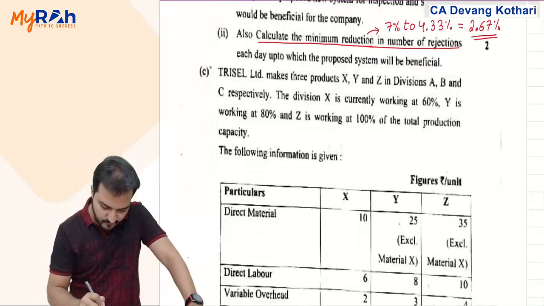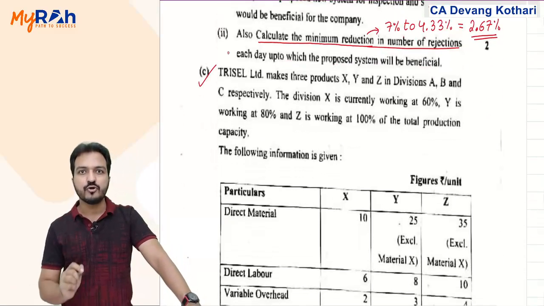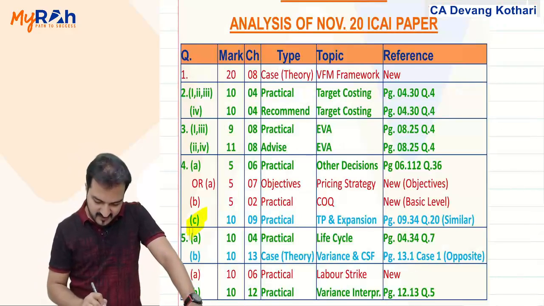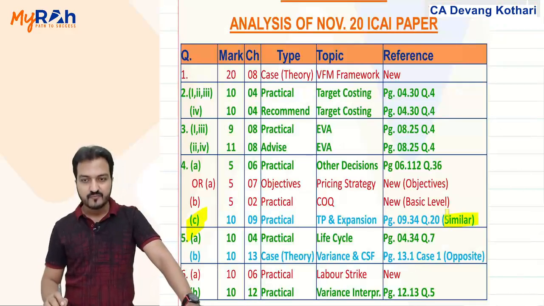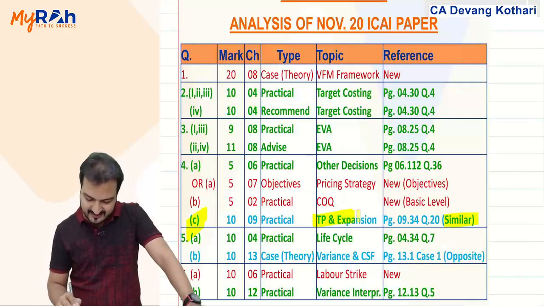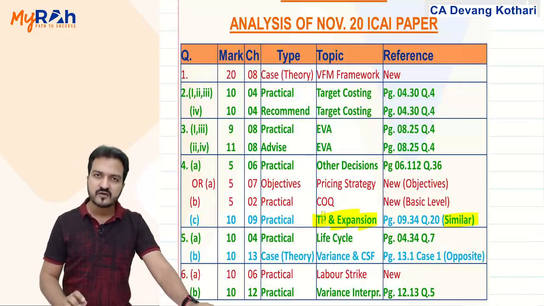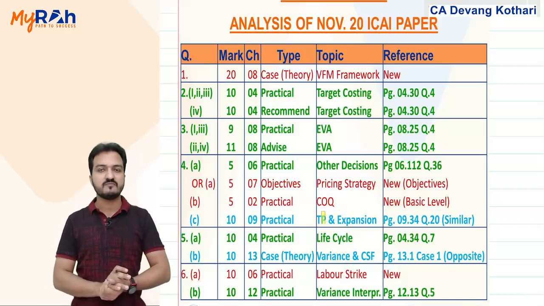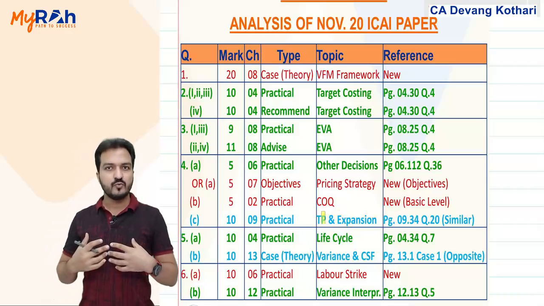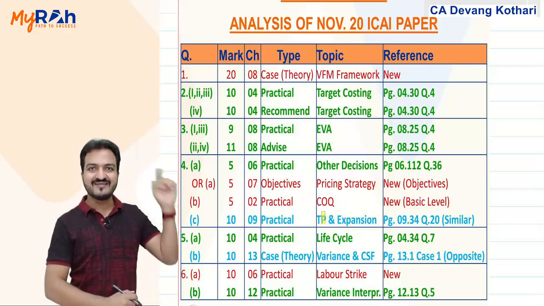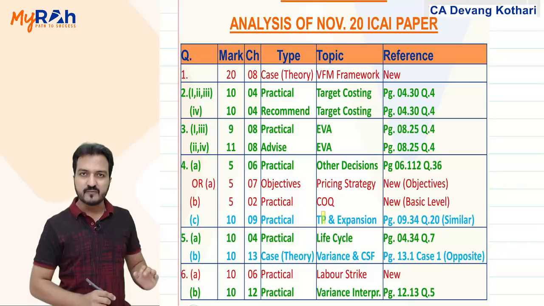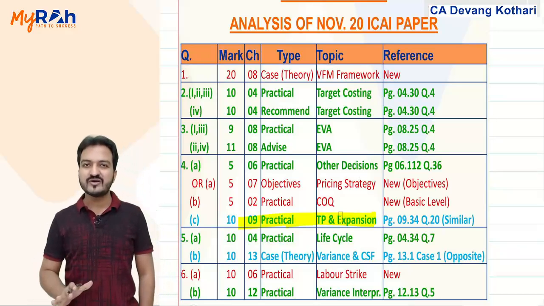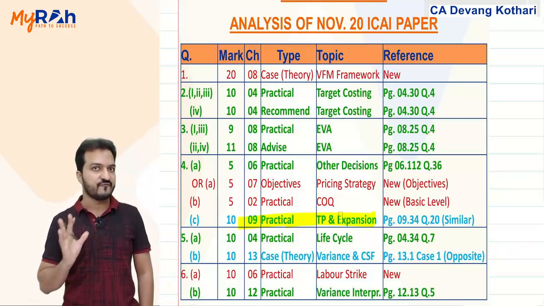Next question, question 4C is a good question, interesting question. Question 4C is similar to my classwork question in the transfer pricing chapter, but this has certain new things. Because of those new things, this question becomes pretty typical, and in my opinion, in the entire paper this is the only question which was a little typical, a little difficult.